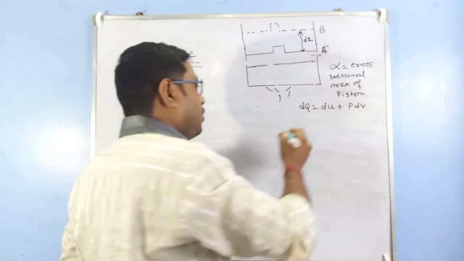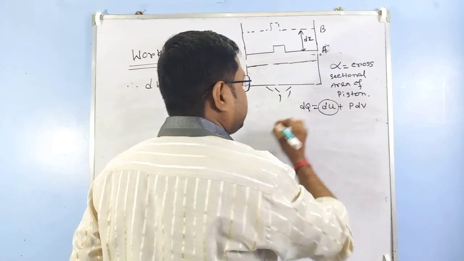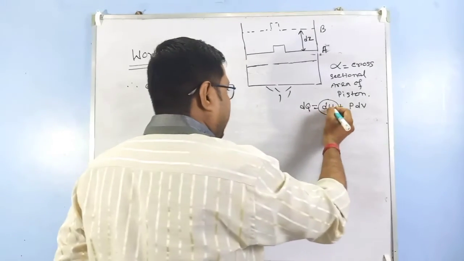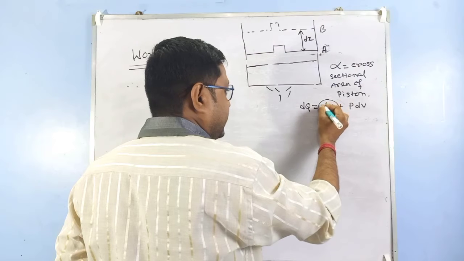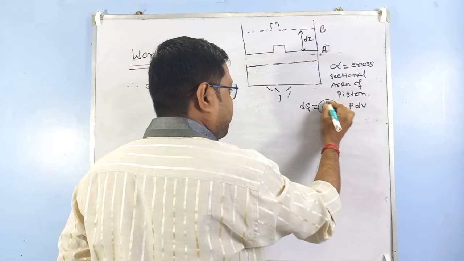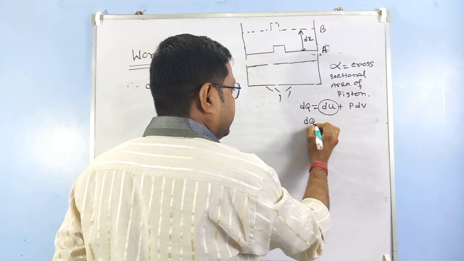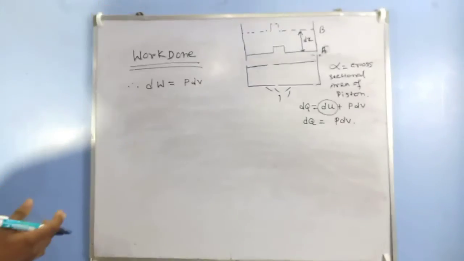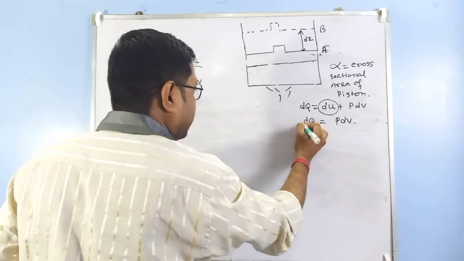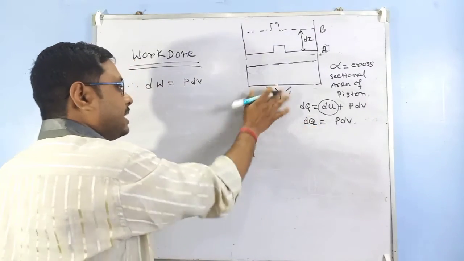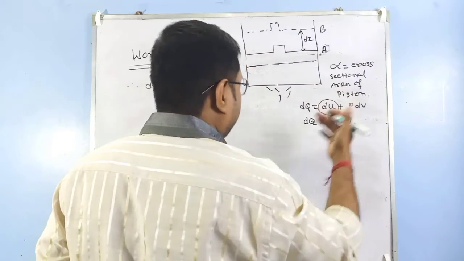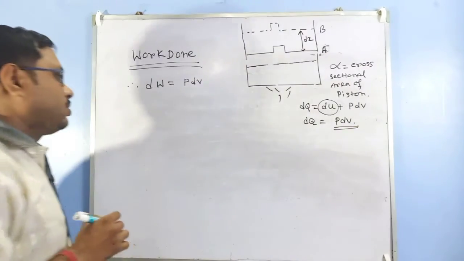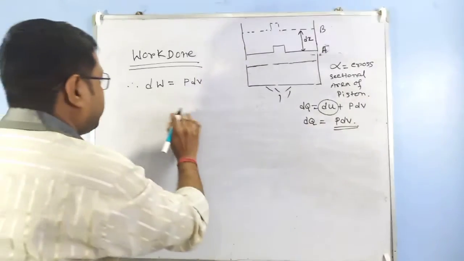But internal energy depends directly on temperature for an ideal gas. As temperature is fixed, the change in internal energy is 0. So dQ is equal to P dV. That is, the heat supplied to the gas is equivalent to the work done by the gas, an amount P dV. So we directly get dW equal to P dV.